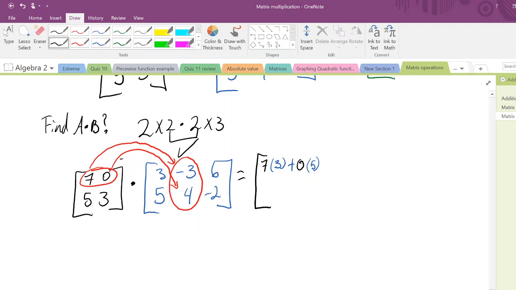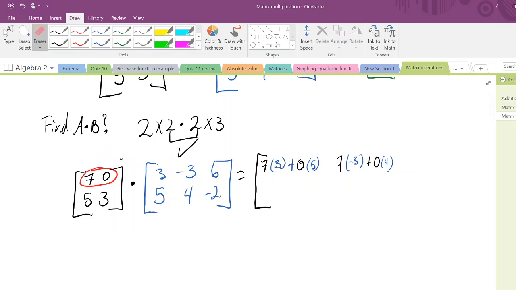So I have 7 times negative 3 plus 0 times 4. Then I'm going to do this again with the next column.